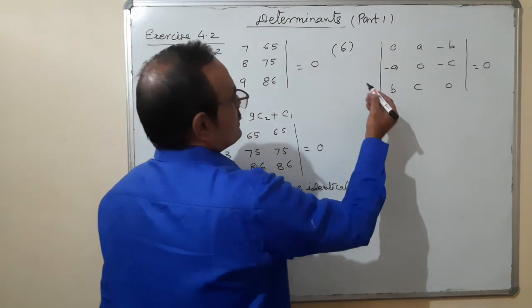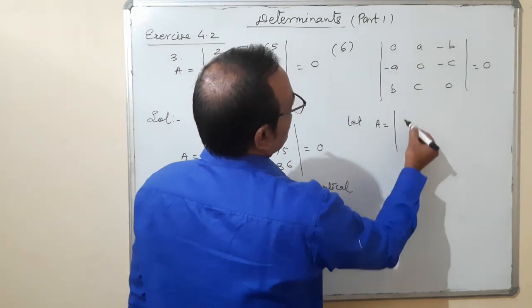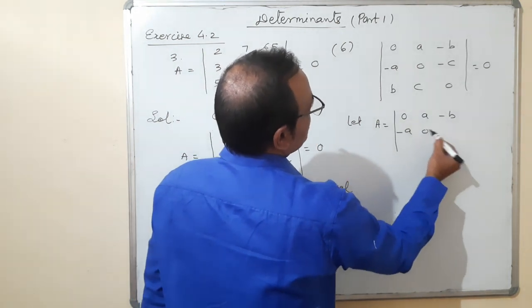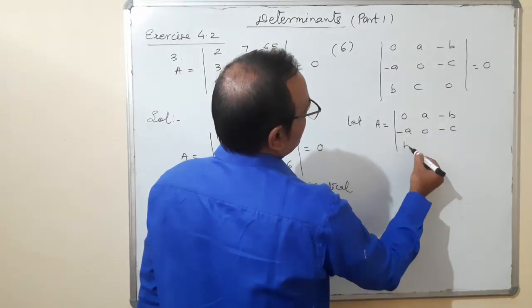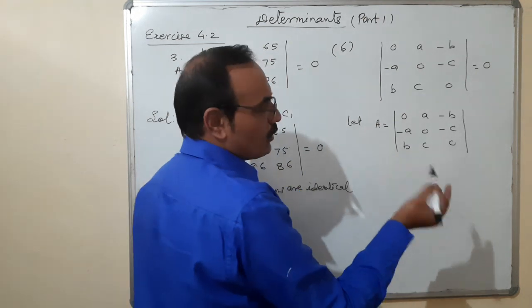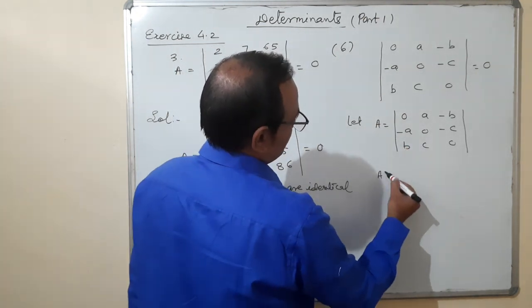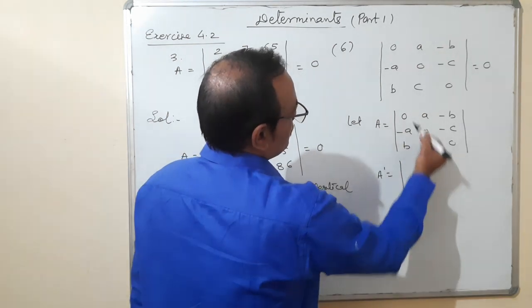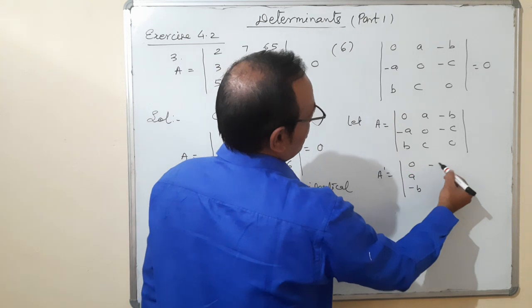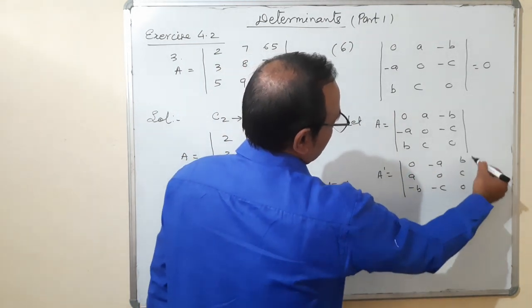Okay. Let us consider that A is equal to the determinant 0, a, minus b; minus a, 0, minus c; b, c, 0.